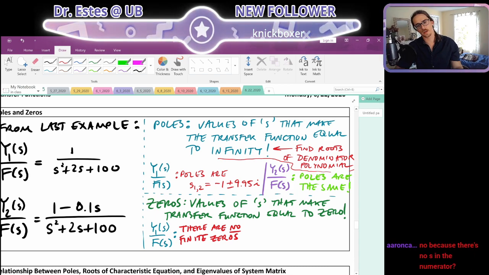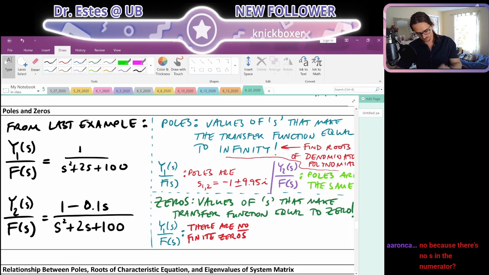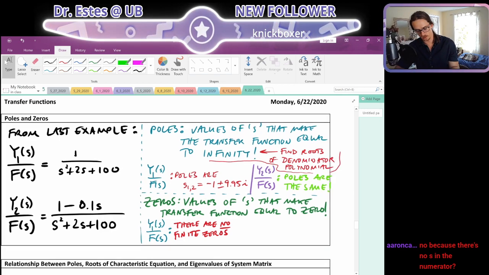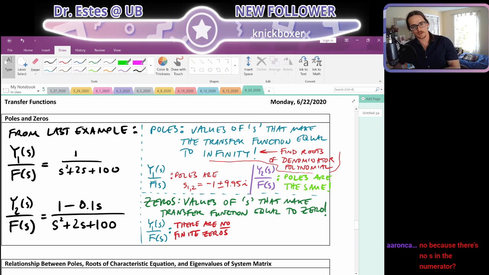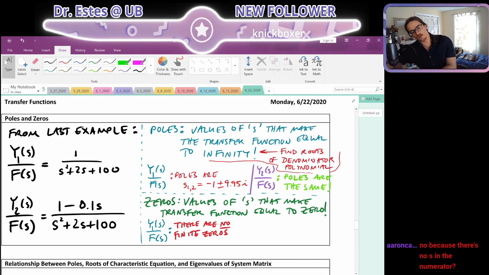No, because there's no s in the numerator. Good. If you can make the numerator equal to 0, the transfer function will go to 0.